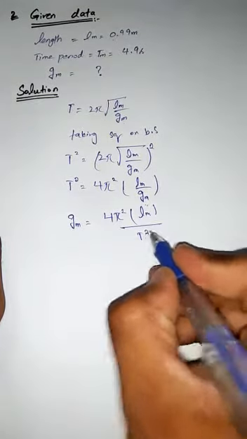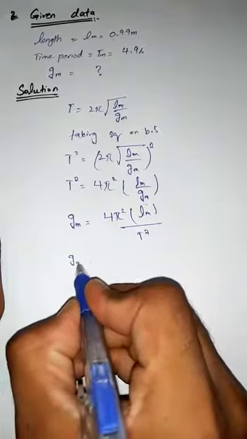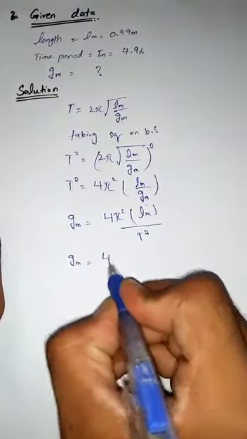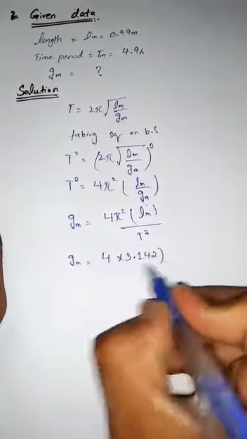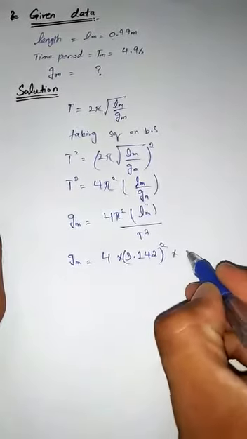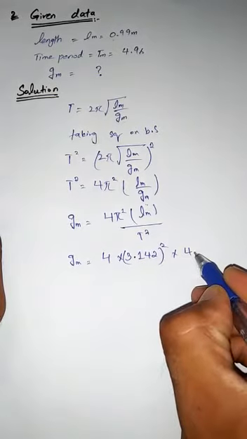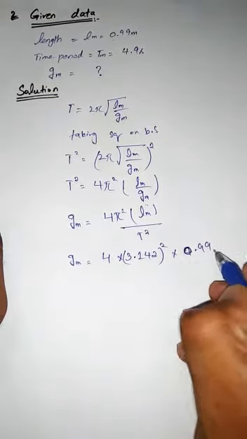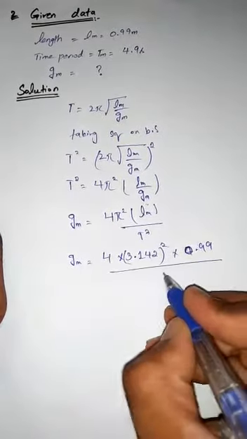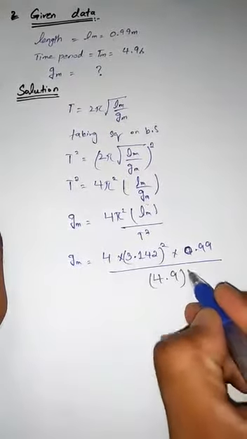So gm is equal to 4 pi square Lm over T square. Now by putting values: 4 pi, value 3.142, whole square, multiplied by Lm, 0.99, divided by T, which is 4.9, whole square.